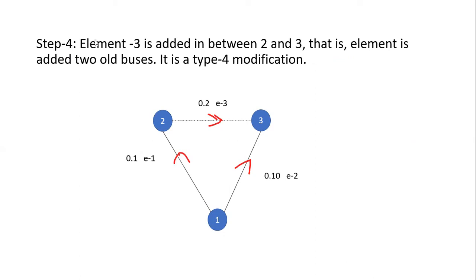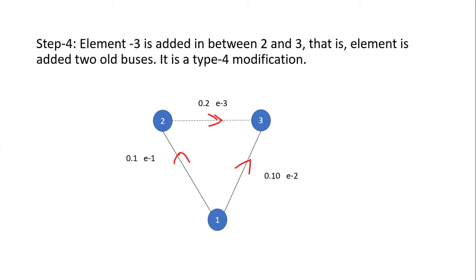What is step 4? Element 3 is added in between 2 and 3, where 2 is an old bus and 3 is an old bus.